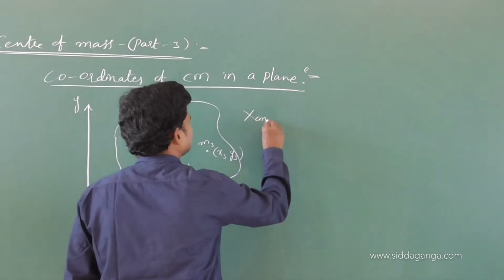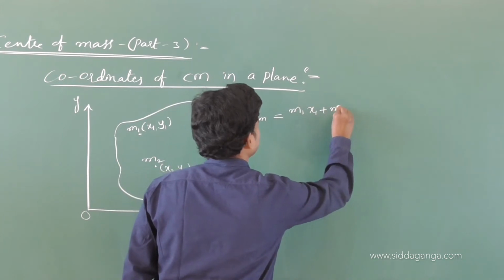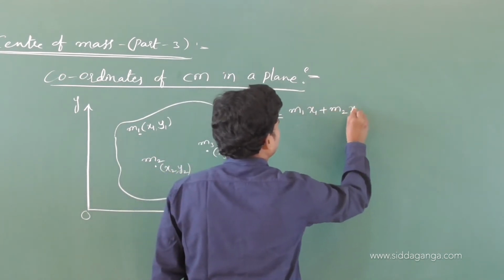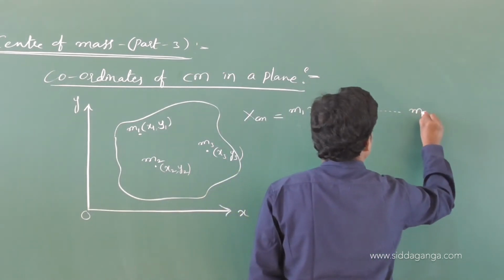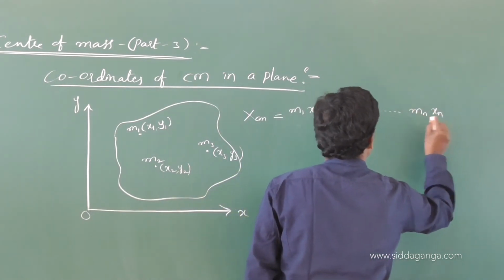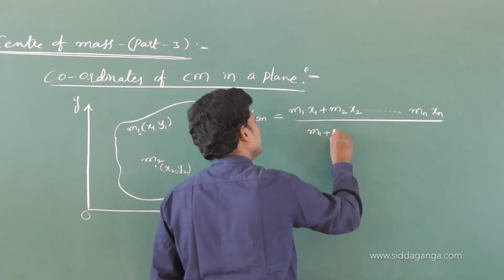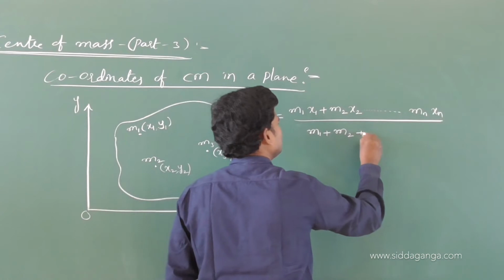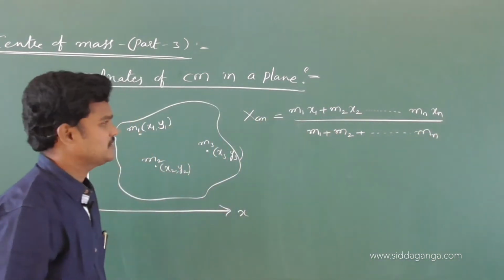Now to find the coordinate of center of mass in a plane, let me write directly xcm: m1 x1 plus m2 x2, and if n particles are there, we can write up to mn xn divided by m1 plus m2 and so on up to mn, the same process.